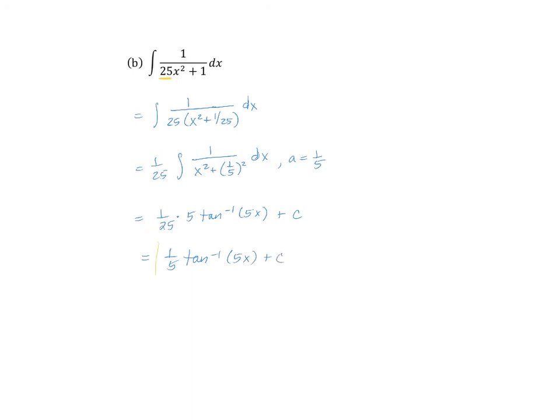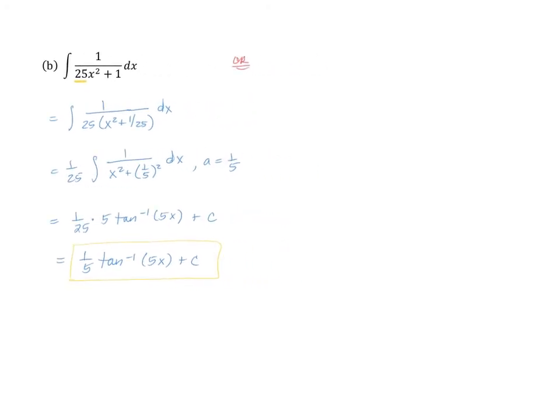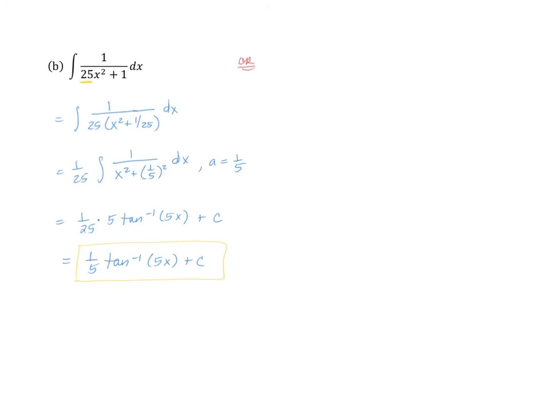Okay, so the challenge will be to get it to look like the form in the integrand so that you can integrate. Okay, notice that I could have also done a u substitution. I could have let u equal 5x. Okay, so my du dx is just equal to 5.